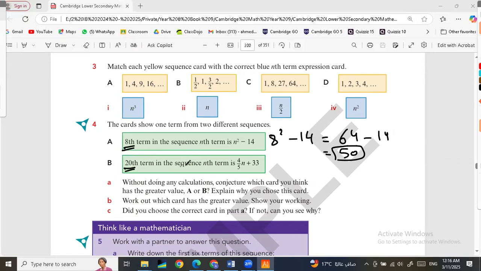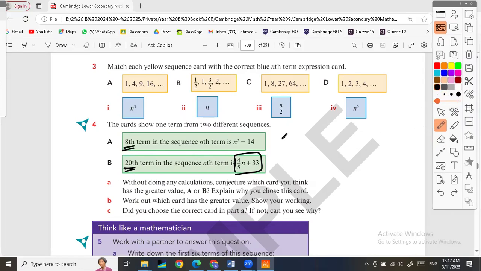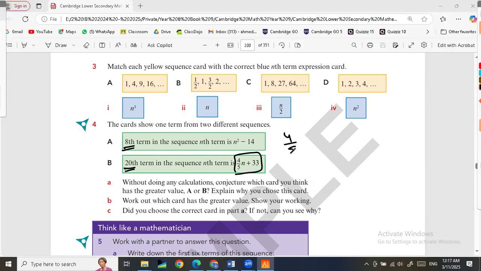Now, the 20th term using this nth term. What is going to happen? I'm going to need to remove n and write 20. So it is 4 over 5 multiplied by n, and they wanted the 20th term, so it is times 20, and then add 33.